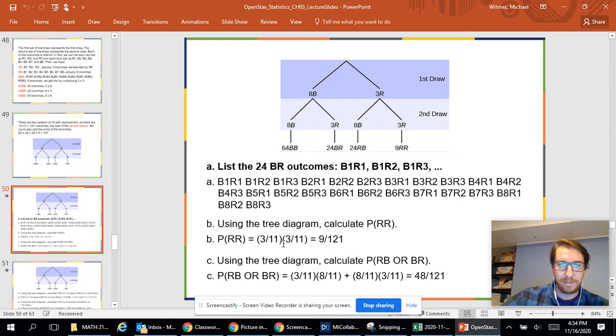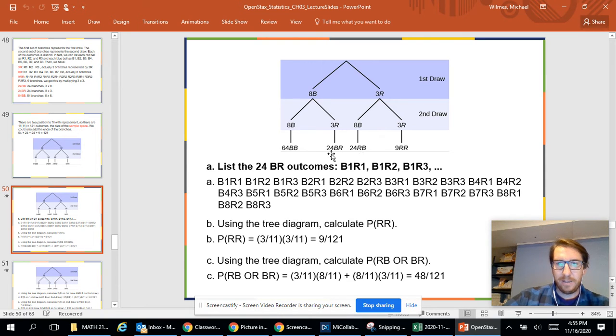Remember, on fractions, you multiply the numerators together, put that up top, and multiply the denominators together, put that on the bottom. So we could calculate it that way, multiplying the probabilities. But another way, since we have already calculated the total sample space as 121, we could just write it as 9 over 121 because we know there are 9 ways to get red, red. What's the probability we get one of each, red, blue, or blue, red?